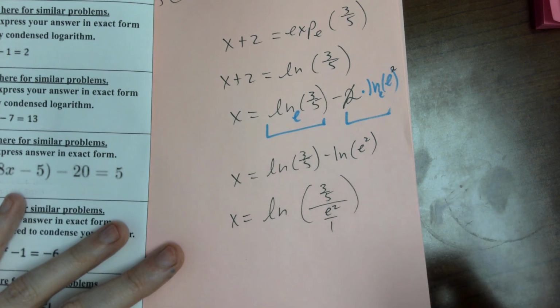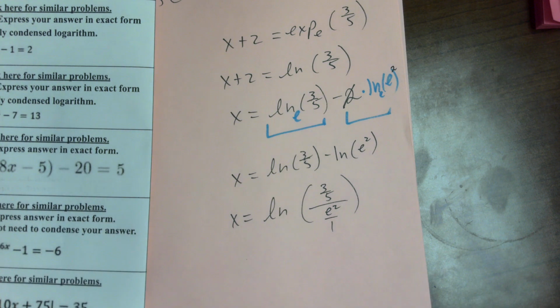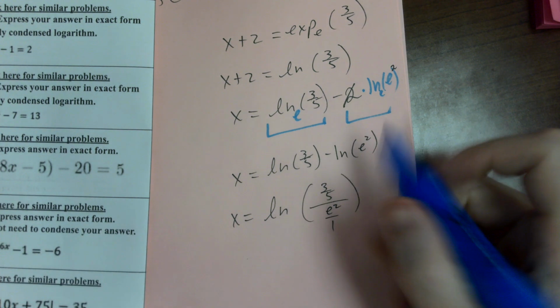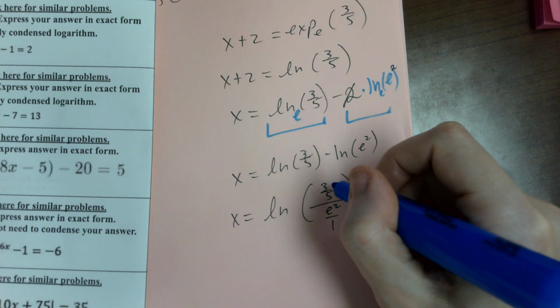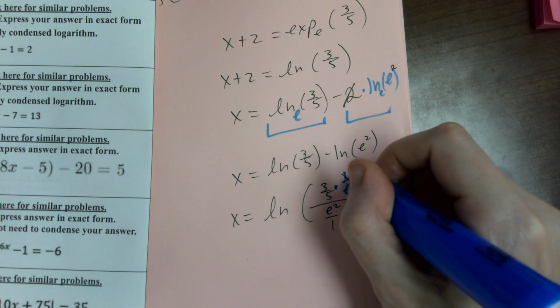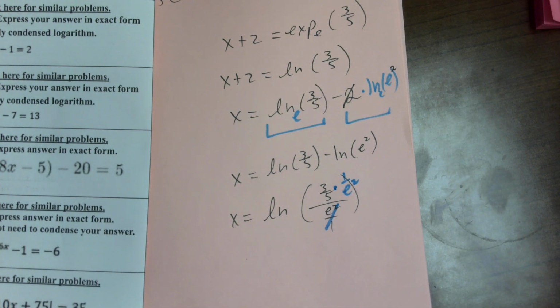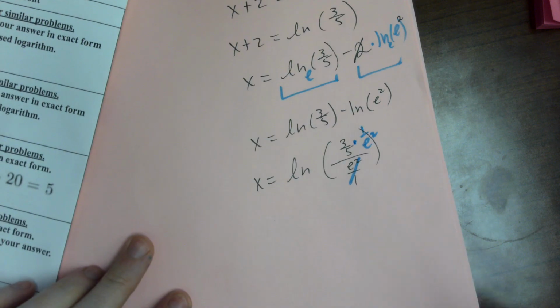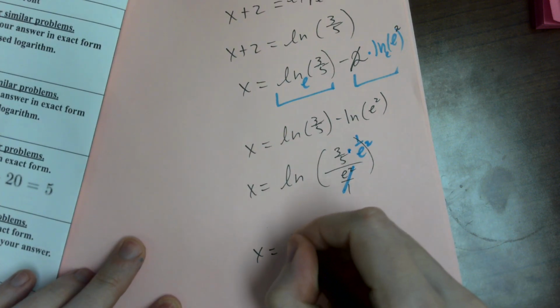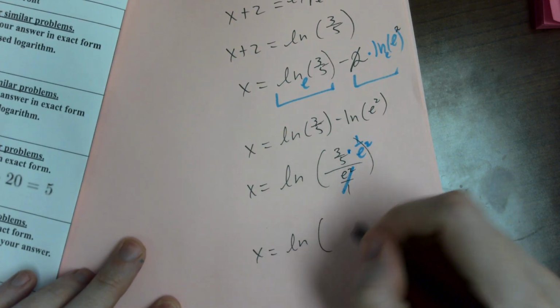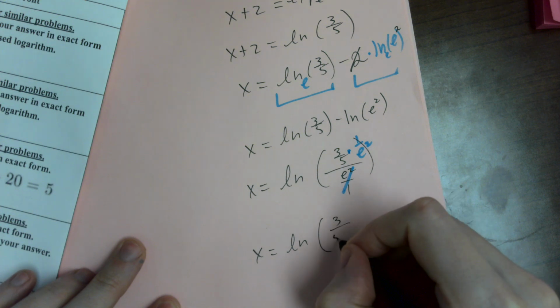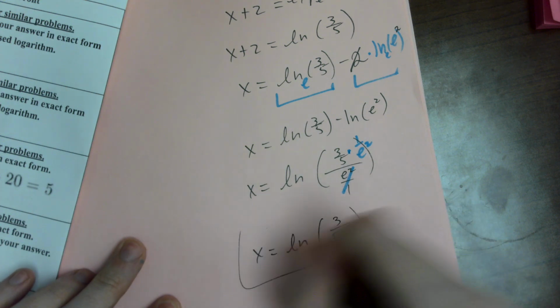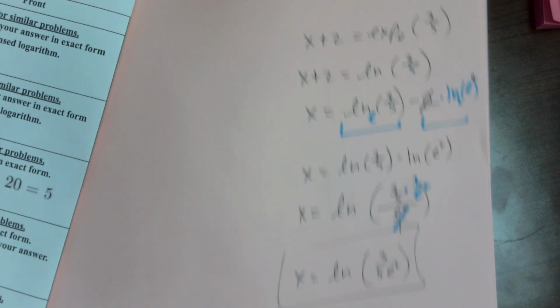Okay, but this is e to the second over 1, and I got to do keep, change, flip. So I'm going to multiply by 1 over e to the second and cross that off. Okay. All right, so that's the answer to that one.